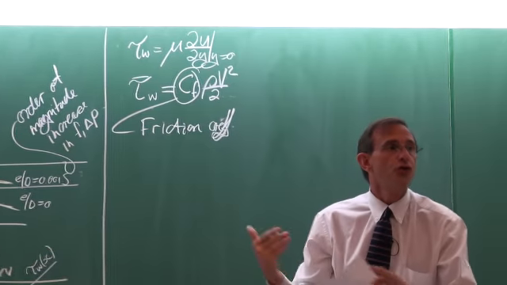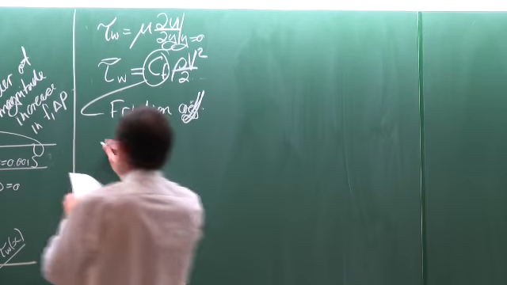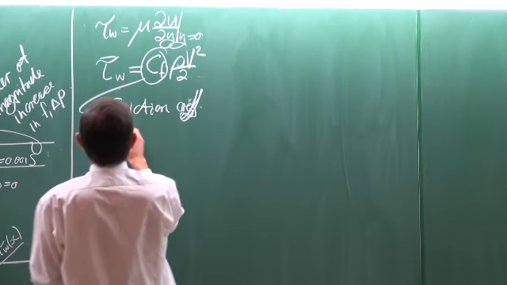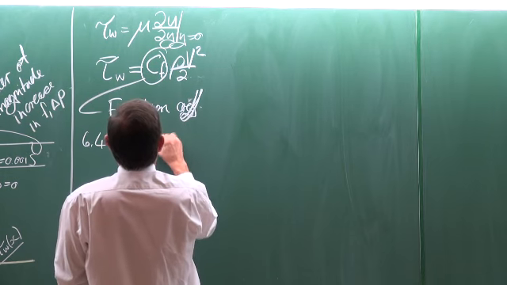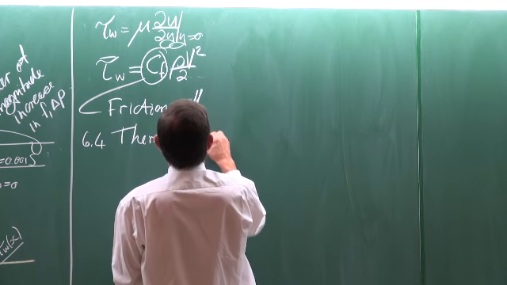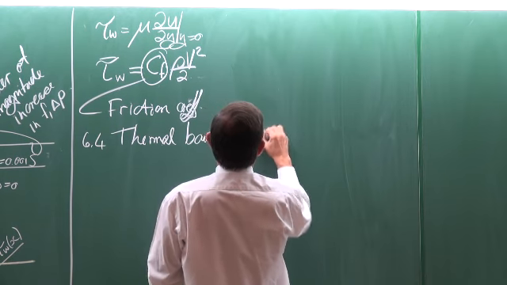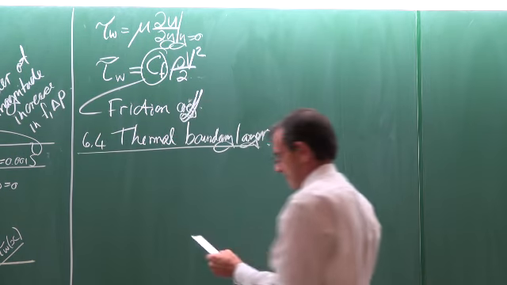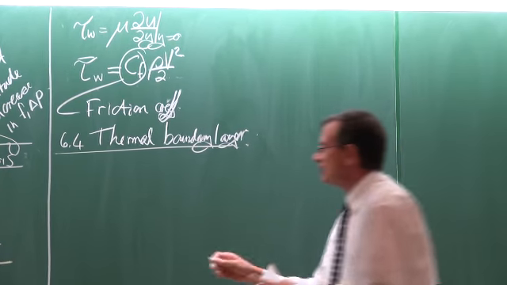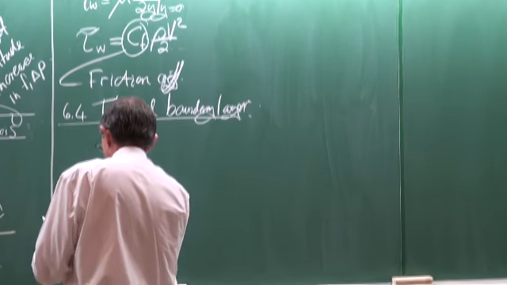Now we have to do the thermal boundary layer, paragraph 6.4. Again, we have a flat plate.